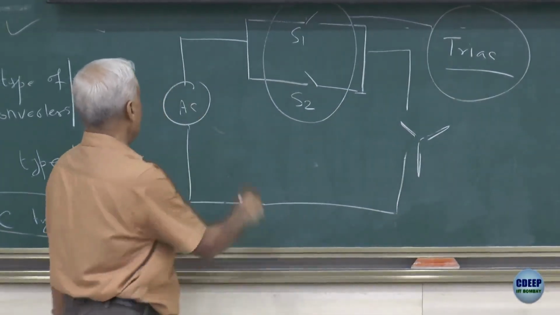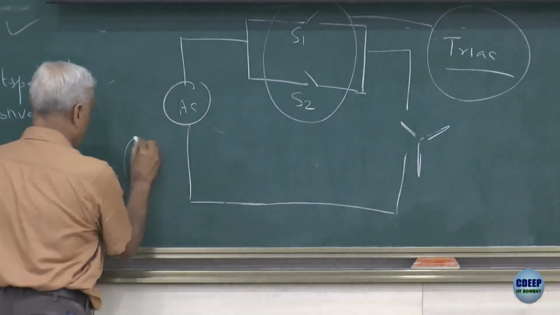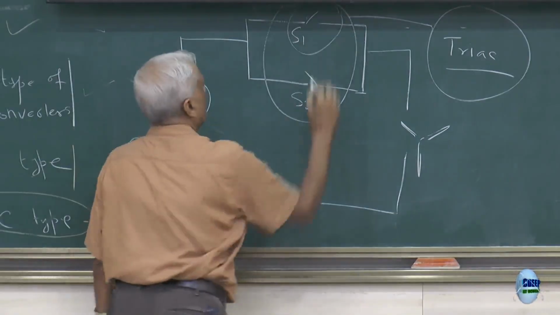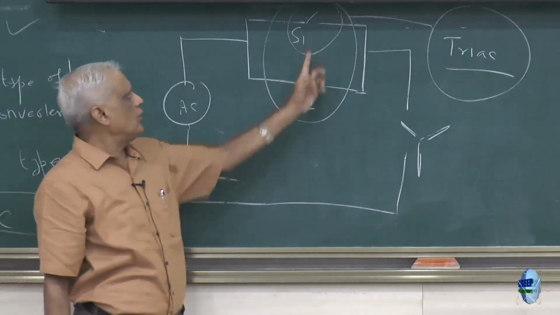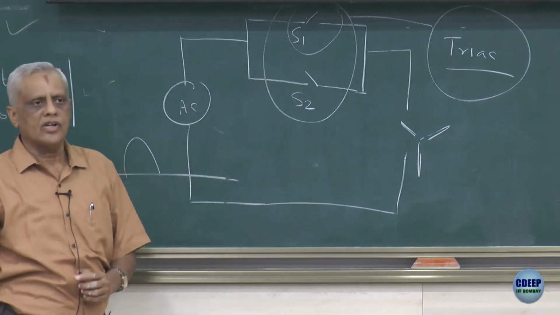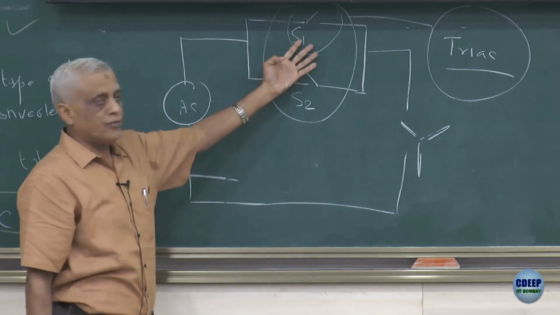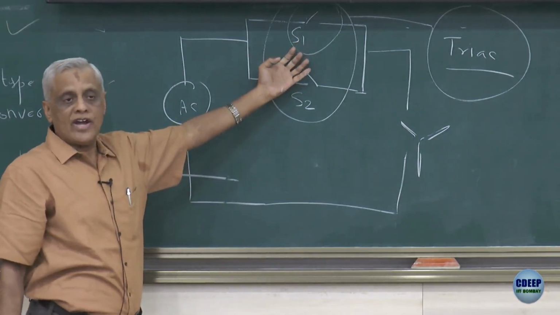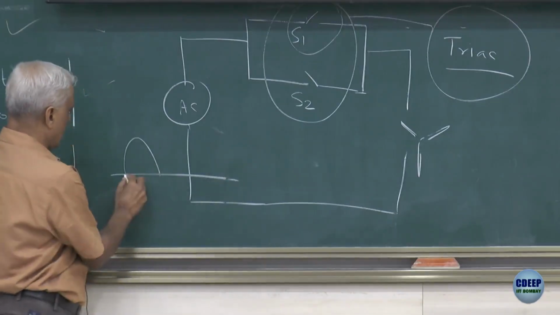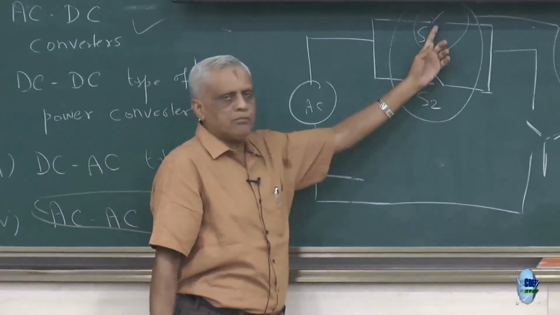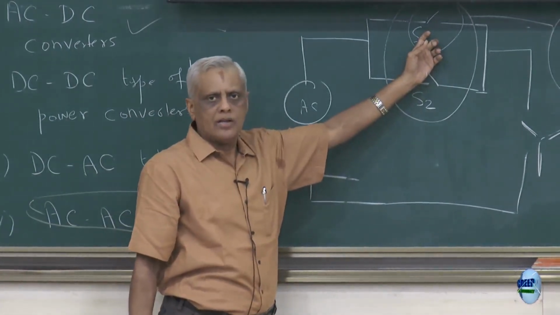So as you can see, when the AC voltage is positive, that time this particular device is in a position to conduct, provided you give a control signal to it. But if you do not synchronize it with the 0, so the moment the input supply goes above 0, if you do not give that pulse at the same time, then it will get delayed.